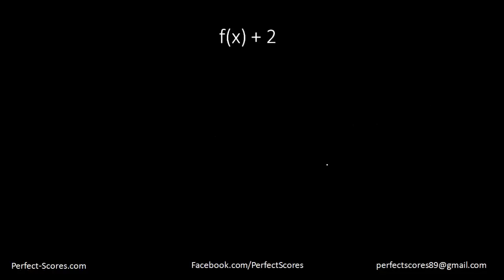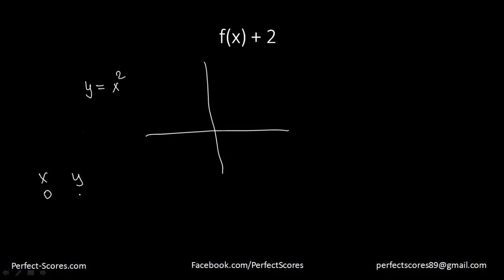Now let's suppose I talk about a quadratic function, the function y is equal to x square. If I draw the graph of this function, when x is 0, then y is also going to be 0. That means there is a point over here. When x is 1 or -1, y is going to be 1.